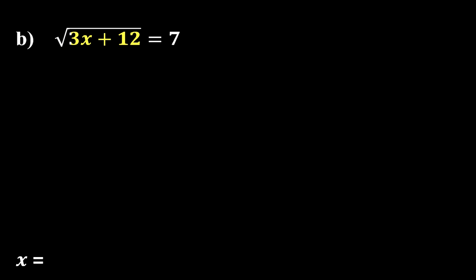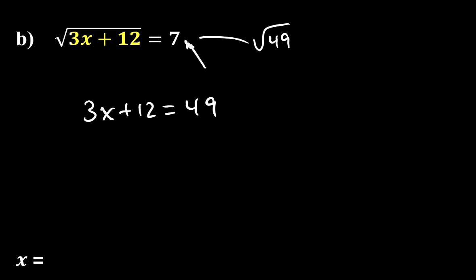So if you think about the big picture, I'm taking the square root of something, and I am getting an answer of 7. Well, the thing that I take the square root of in order to get 7 is 49. So I'm going to say this thing inside, 3x plus 12, has to be the number 49, because when I take the square root of that, it would produce 7 for me.